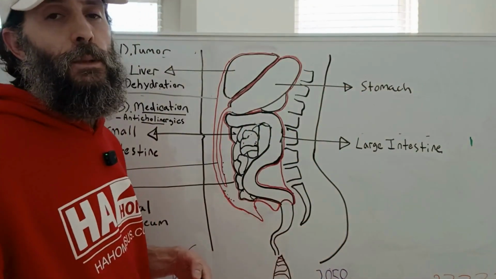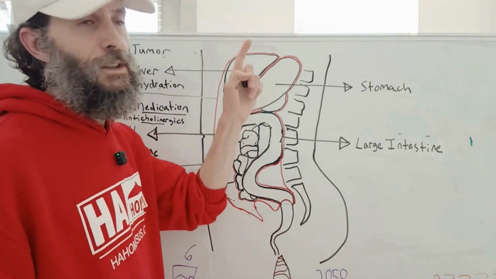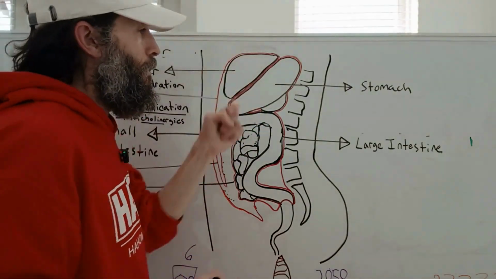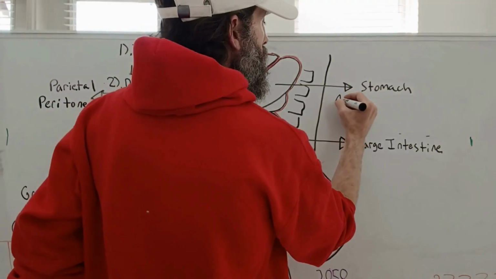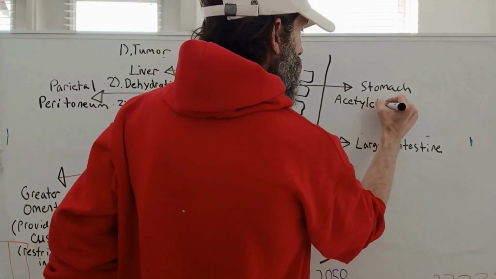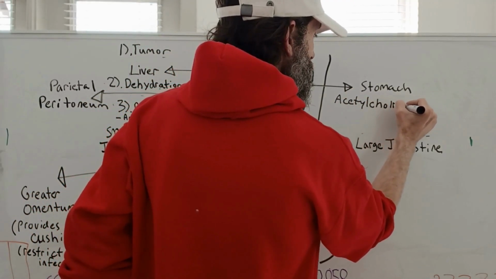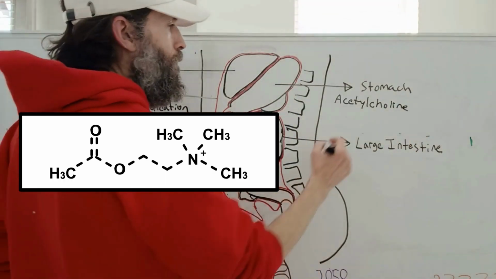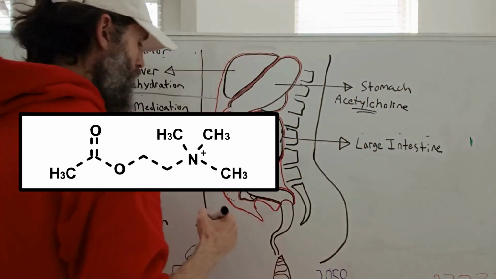In the case of nootropics and pre-workouts, it's used by the neurons in the brain, which your brain would be way up there. It is used to make, I believe I'm spelling this right, folks, acetylcholine, which is a neurotransmitter.